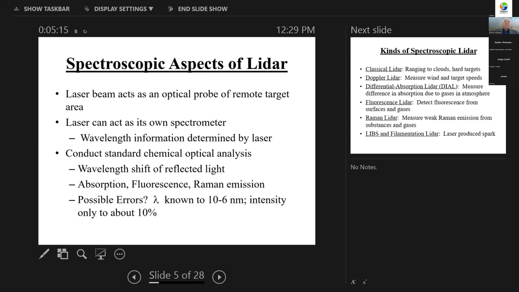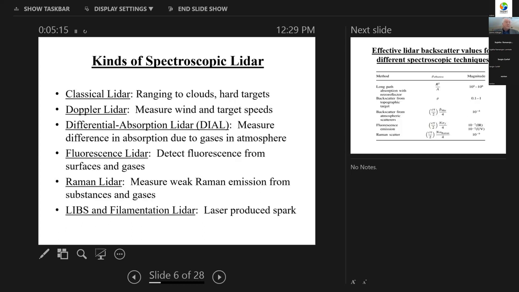Now, with these different kinds of techniques, we can classify Lidar into different ways. And here's one way. Classical LiDAR is when you're just looking at the ranging out to clouds and hard targets. A Doppler LiDAR measures the small shifts, so you're able to see the target speed or the aerosols.